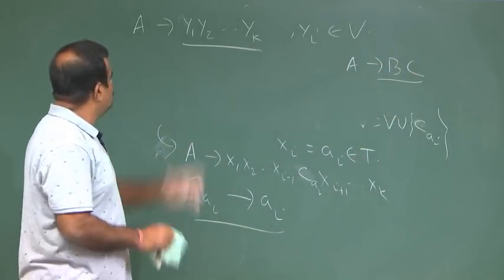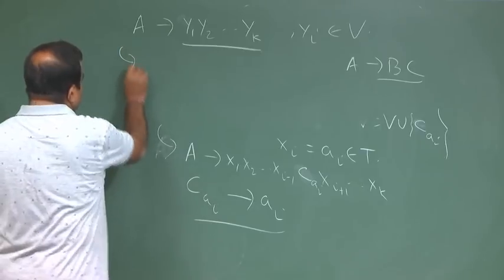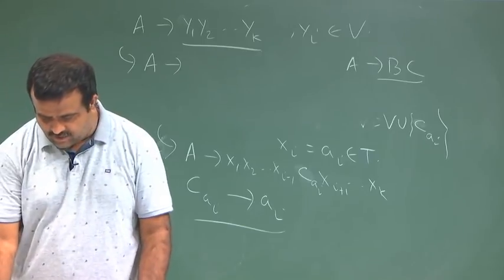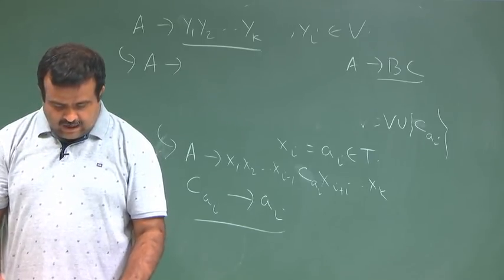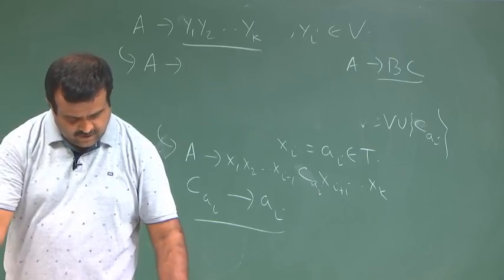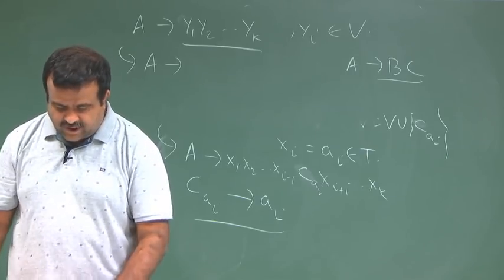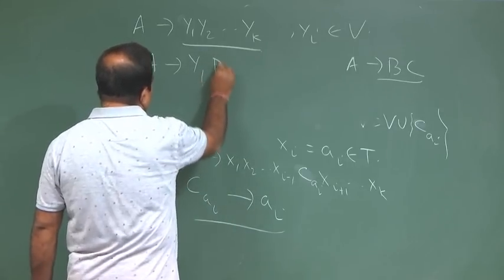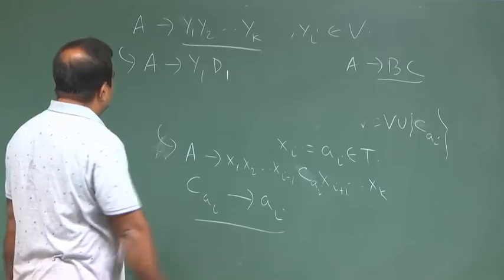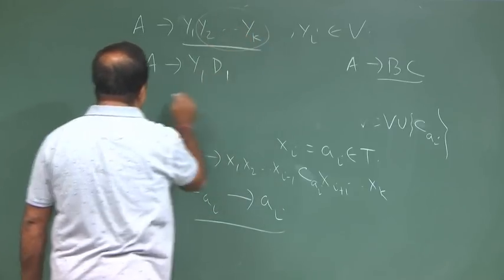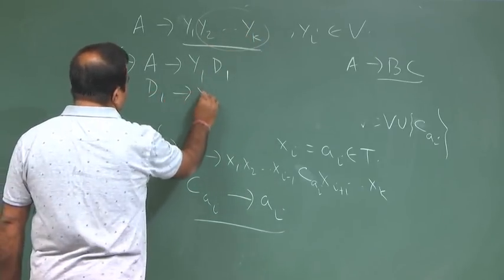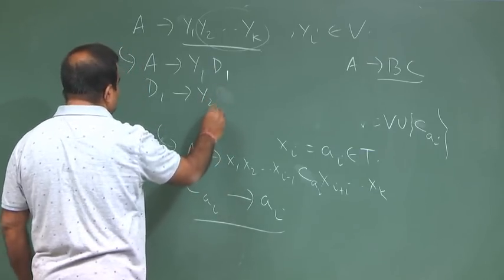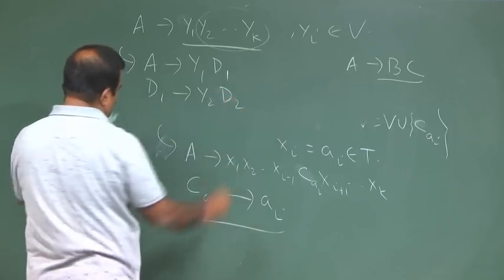Here we have many variables. So, this will be transformed again. I will follow the notation like this: A is going to y1 d1, and d1 is going to y2 up to yk, but then again we will take help of some d2.